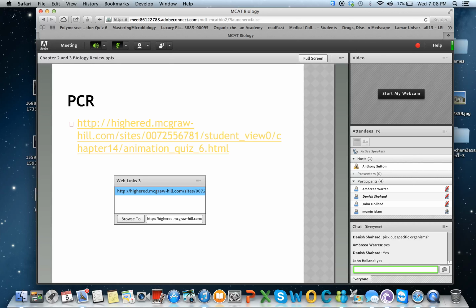Both increase and decrease. Okay, good. But you definitely need an increase in temperature because increasing the temperature allows the strands to break, right? Then, if that's the case, what if we could not raise the temperatures high enough? Would we still be able to get an effective PCR?